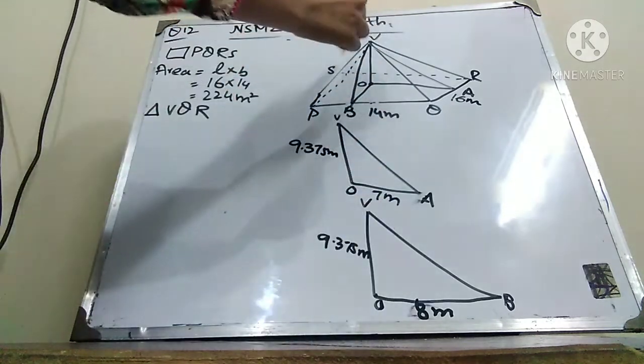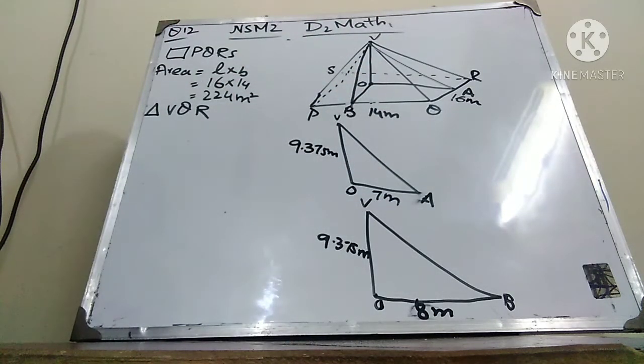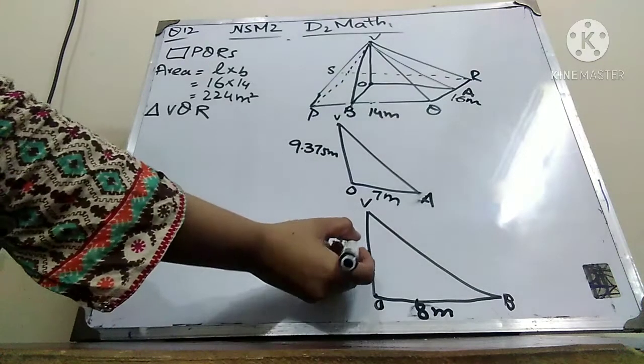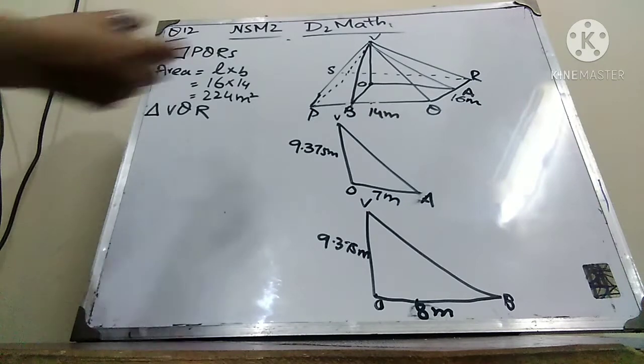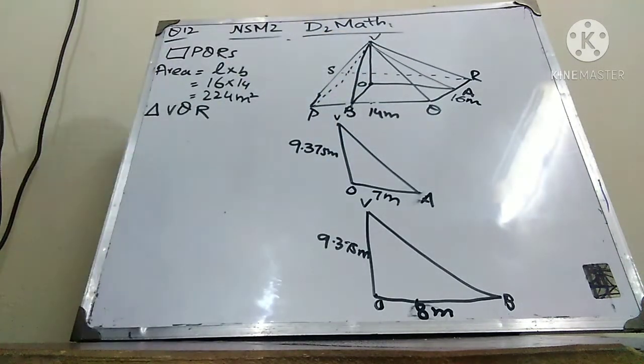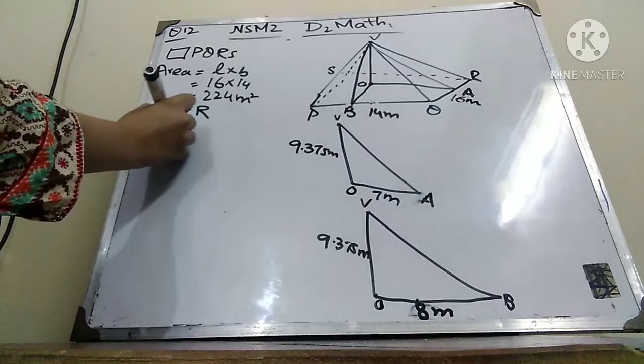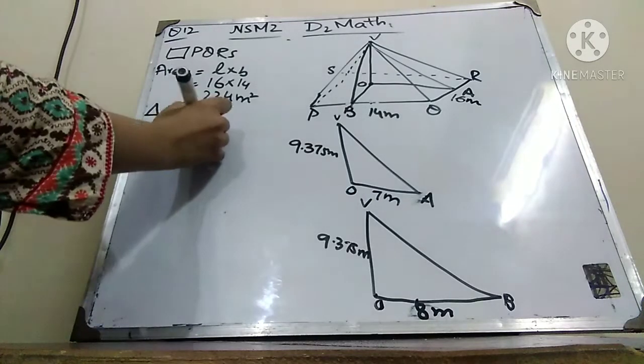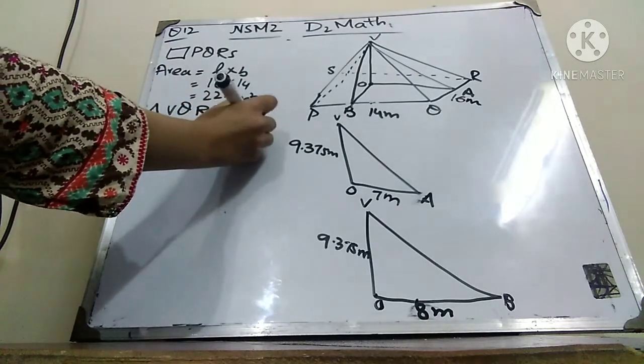So students, we are finding out the area of the triangles. The height is given, which is 9.375. Now we are going to find out the area of VQR. As you know, the formula to find out the area of the triangle is half multiplied by base multiplied by height.